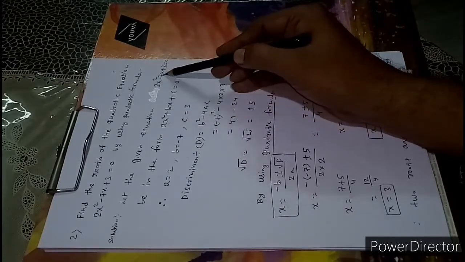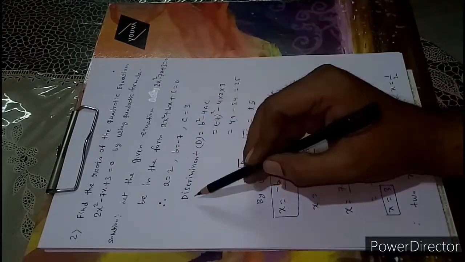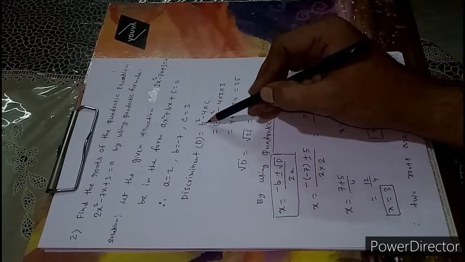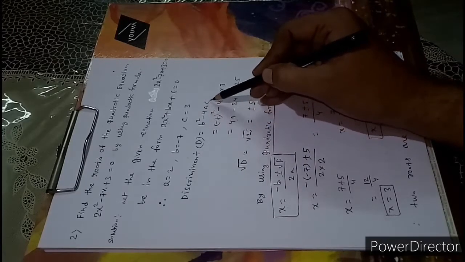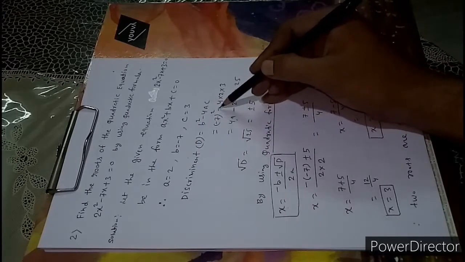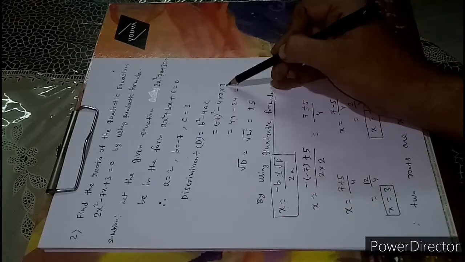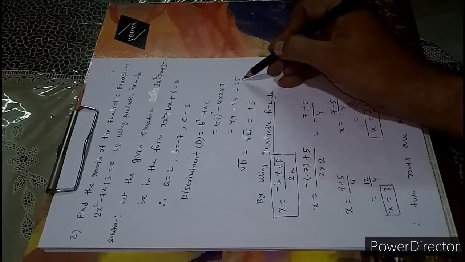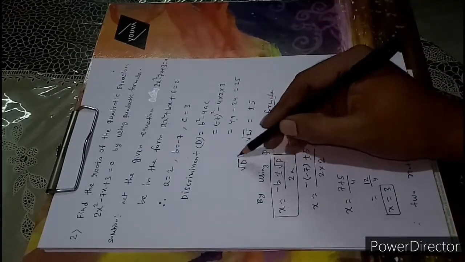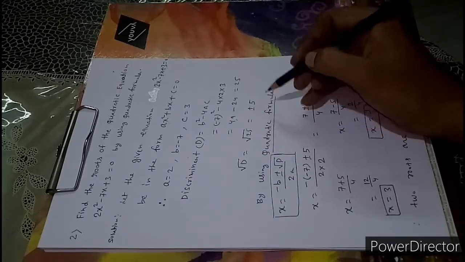Similarly b equals minus 7 and c equals 3. Then the discriminant D is b square minus 4ac. What is b? Minus 7, so minus 7 square minus 4 into the value of a into the value of c. We get 25. Then we will find root over D, that is root over 25. We get plus minus 5.